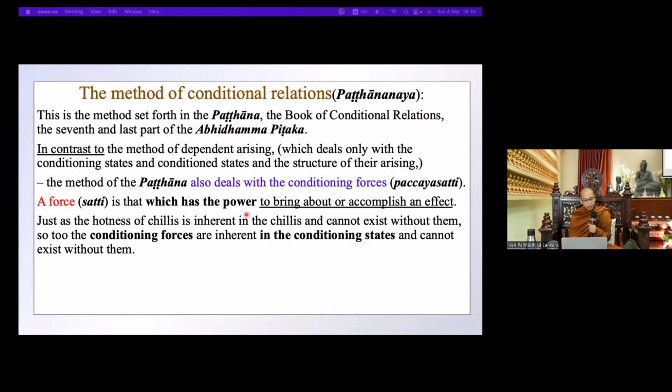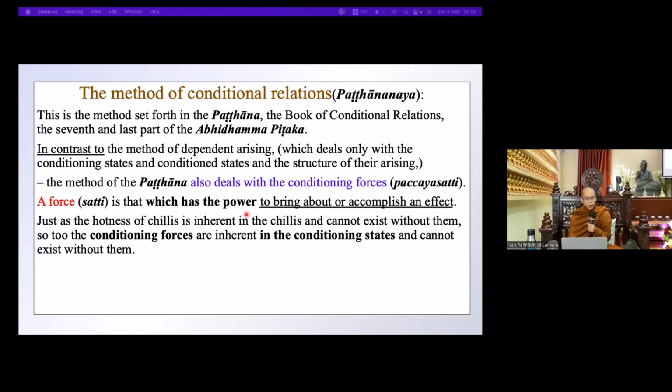So there, the Paccaya Sati is in the Paccaya. The example given is that the hotness of chili is in the chilies. Without the chili, the hotness cannot be.